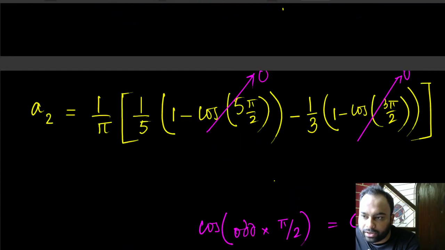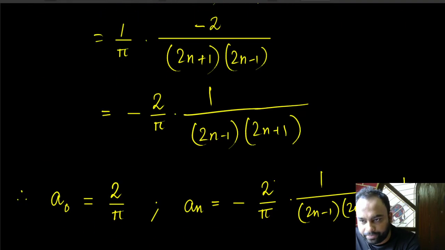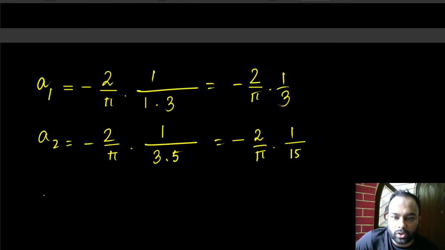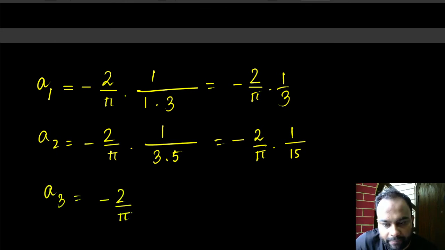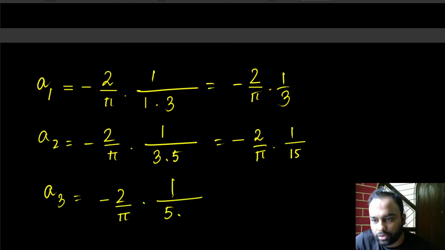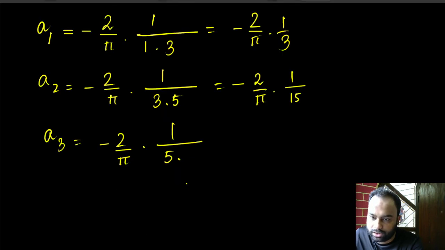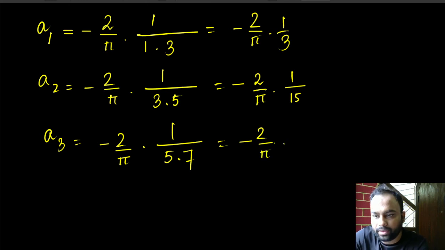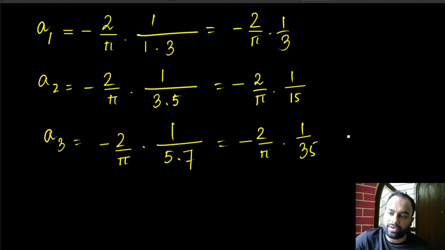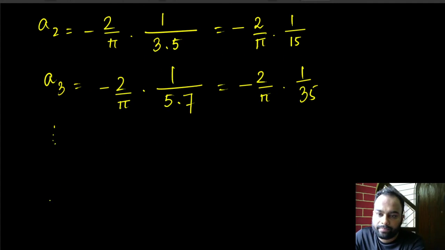Similarly, what is A3? It's minus 2 by pi into 1 by 5 into 7, equal to minus 2 by pi into 1 by 35, and so on.